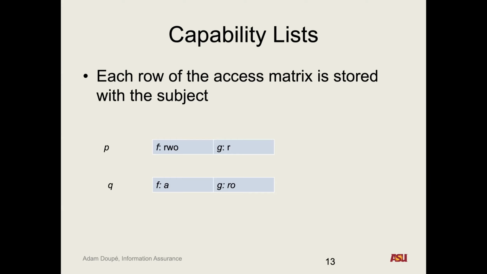Another cool thing that I'll briefly mention is that with capability lists you can rely on cryptography a little bit, so that the operating system itself doesn't have to store the capabilities. It can create this capability list and cryptographically sign it in such a way that whenever P wants to access a file F, P asks the operating system, hey, I'd like to access file F, and it goes, great, show me your capabilities.